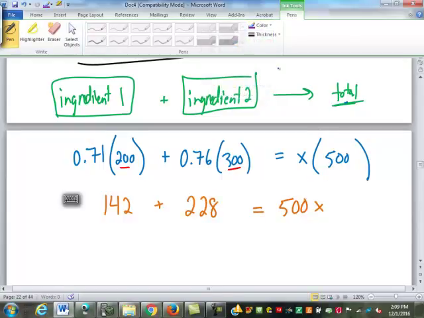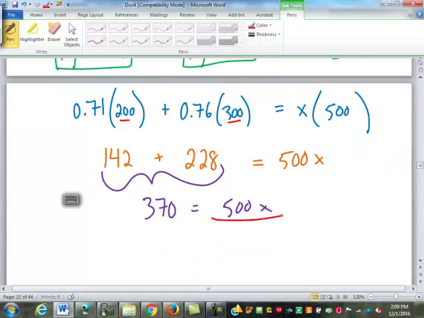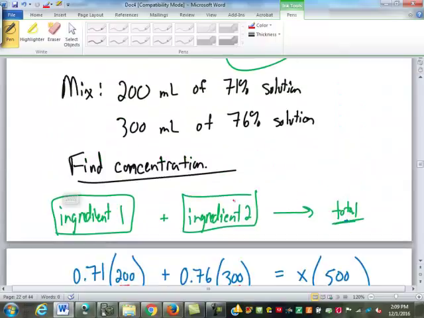So then back here, we'll add those together. We get 370 is 500X. And then divided by 500, we get 0.74 equals X. The concentration of 0.74 or 74%.